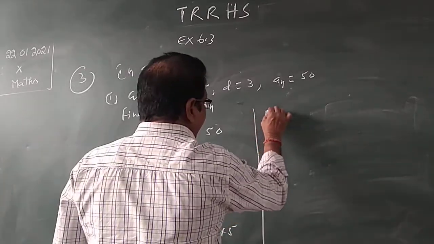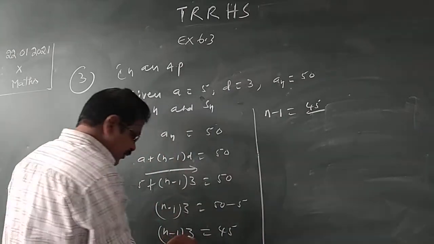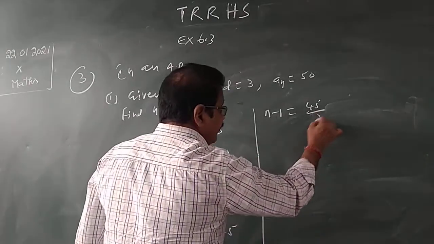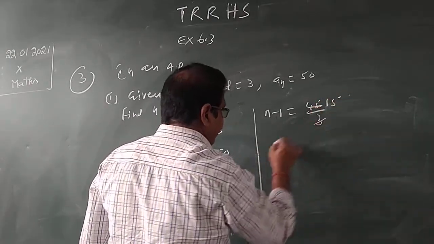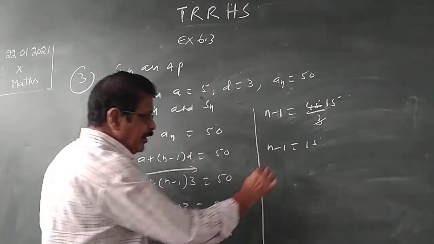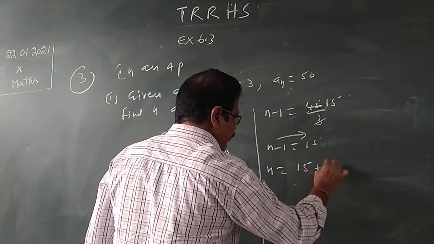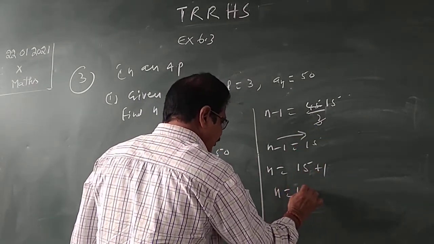We want n minus 1, so the 3 becomes divided by 3. 3 fifteens are 45. n minus 1 is equal to 15. n is equal to 15 plus 1, shifting to the right side becomes plus 1. n is equal to 16.